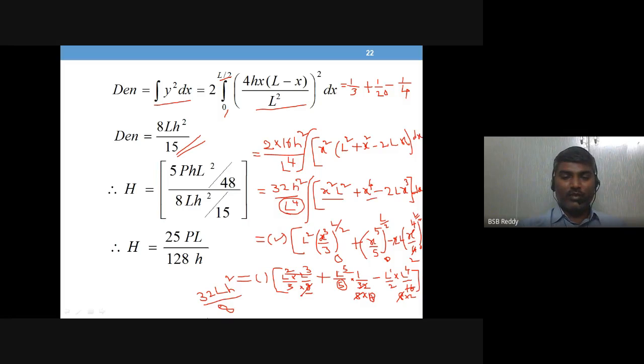So what you have here, 8 fours, 4L h square is already there, and you should multiply that with this number.